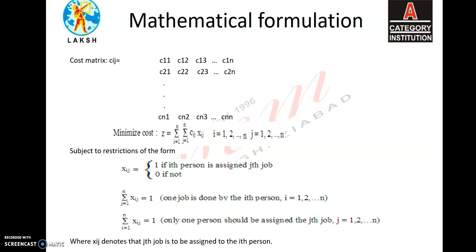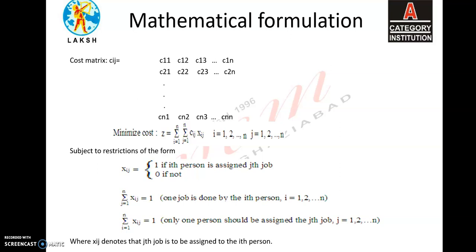Now, the mathematical formulation of the assignment problem. The problem can be stated as: minimize the total cost Z. A cost matrix is given: C11, C12, C13 up to C1n, C21, C22, C23 up to C2n, and so on, Cn1, Cn2, Cn3, up to Cnn.